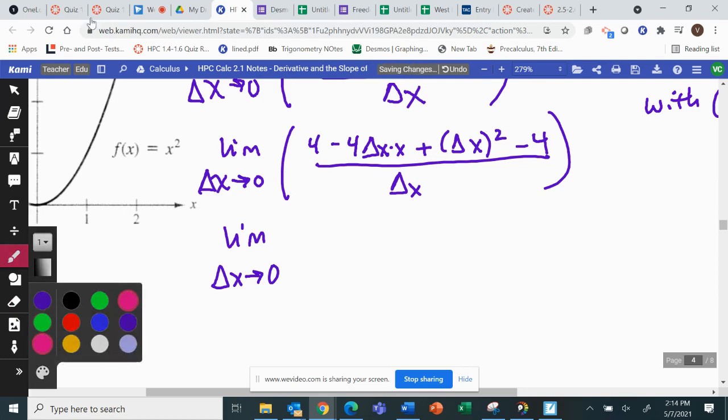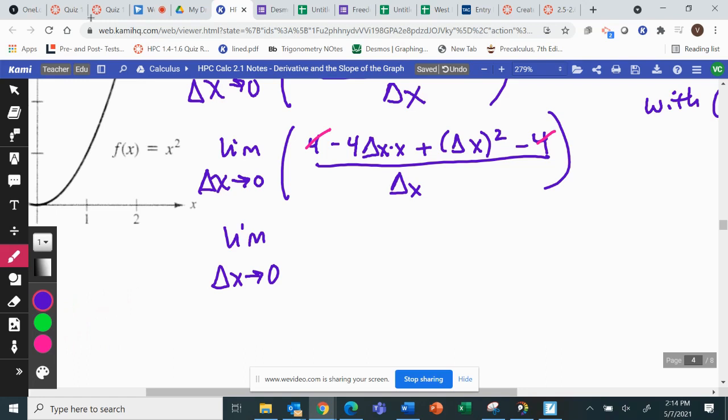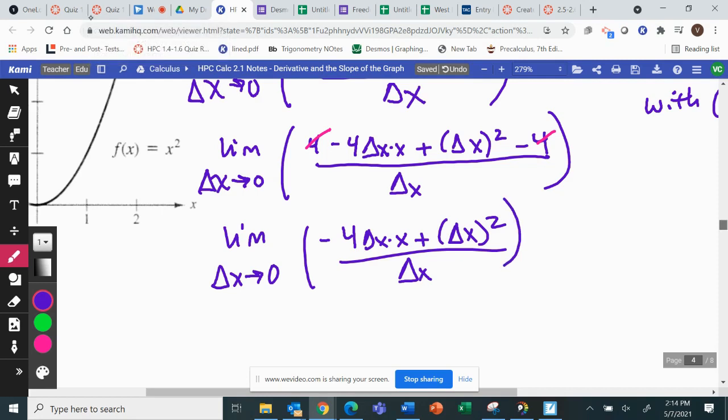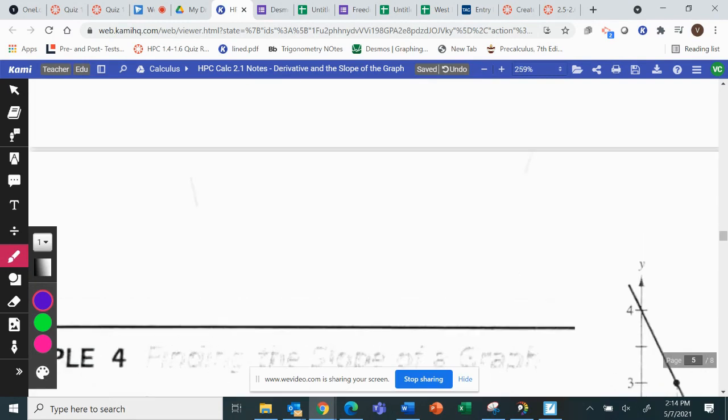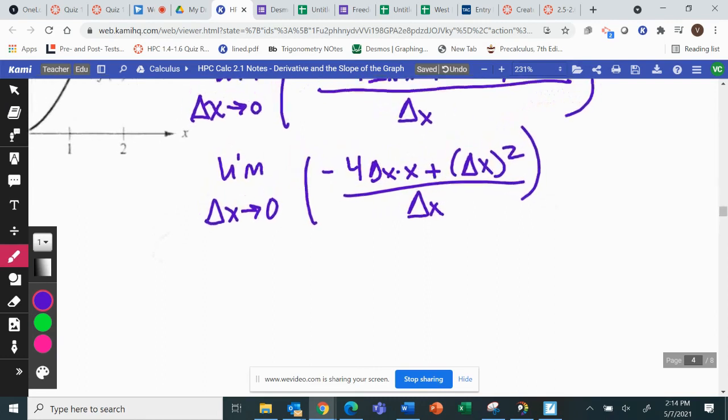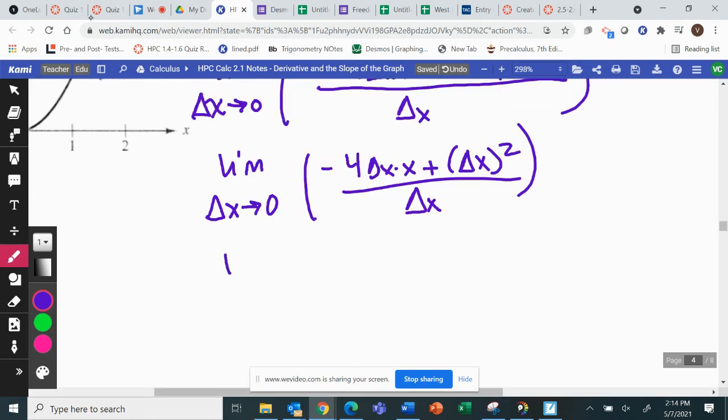So on top, the 4s, they cancel each other out. I'll have -4 delta x plus delta x squared over delta x. And what should we do next? Emily? Separate the delta x squared and delta x, and then the denominator will cancel out.